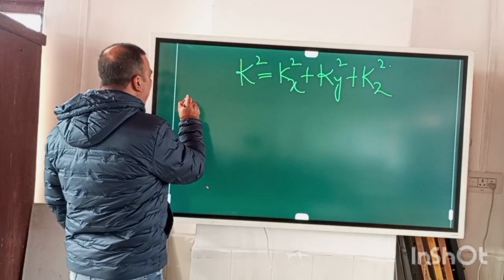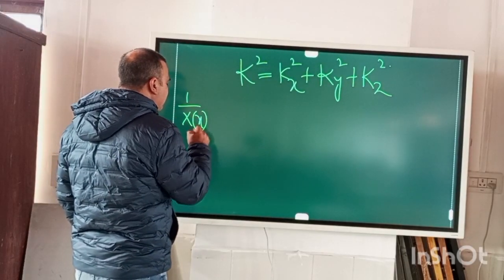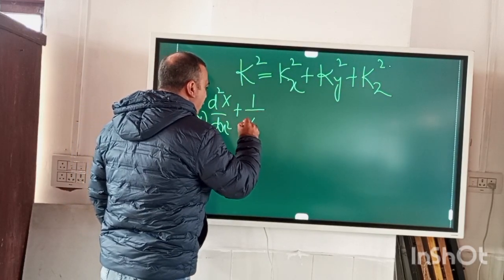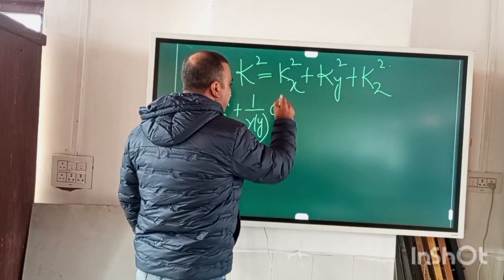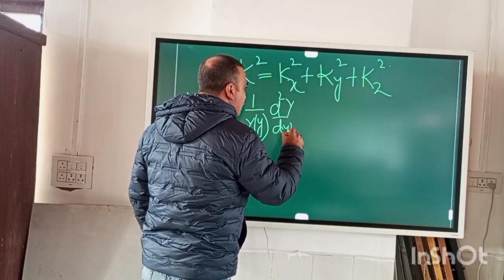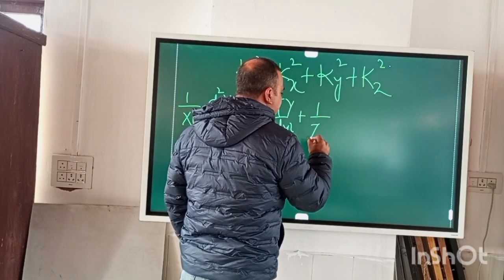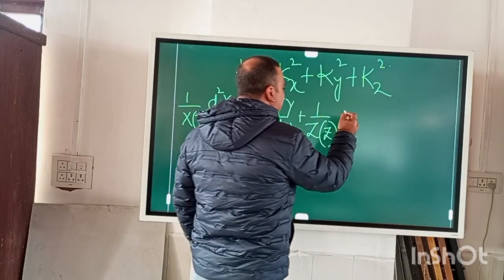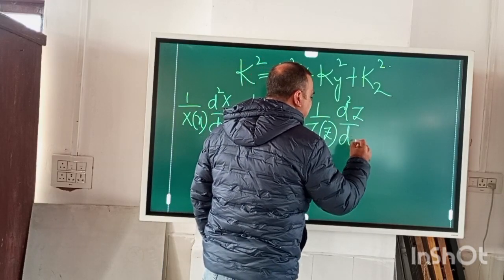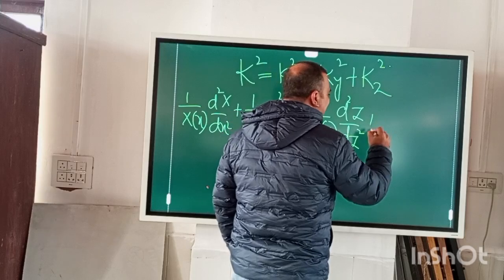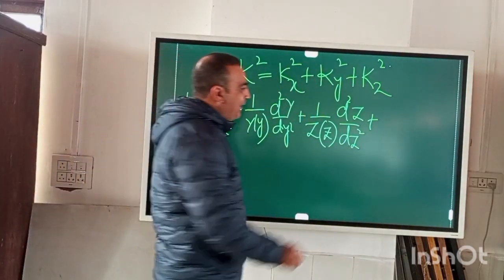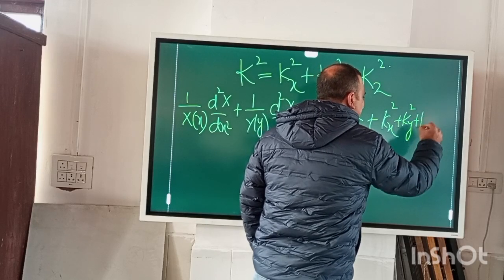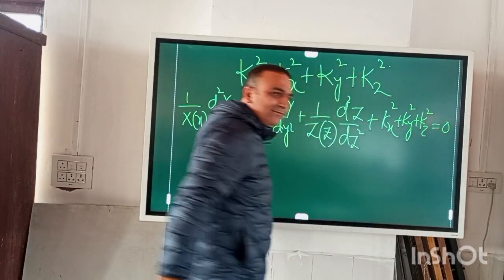So what I will have? I will have (1/X(x)) d²X/dx² + (1/Y(y)) d²Y/dy² + (1/Z(z)) d²Z/dz² + kx² + ky² + kz² equal to 0.